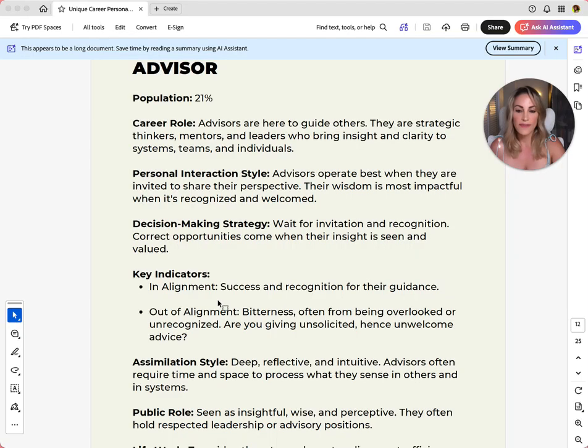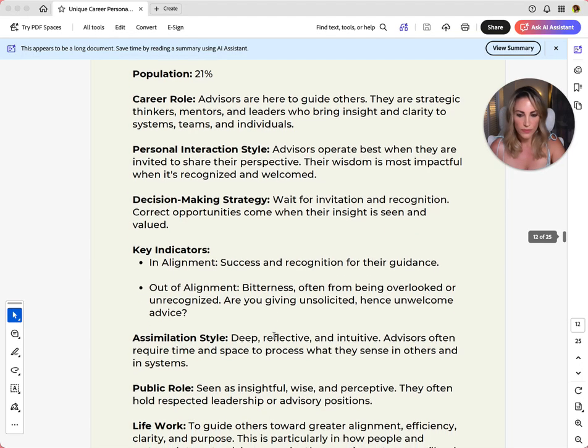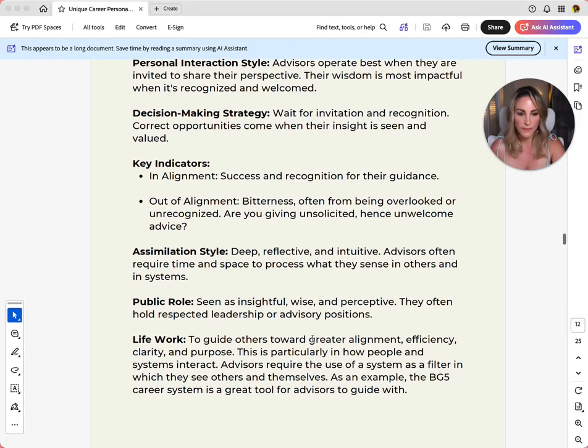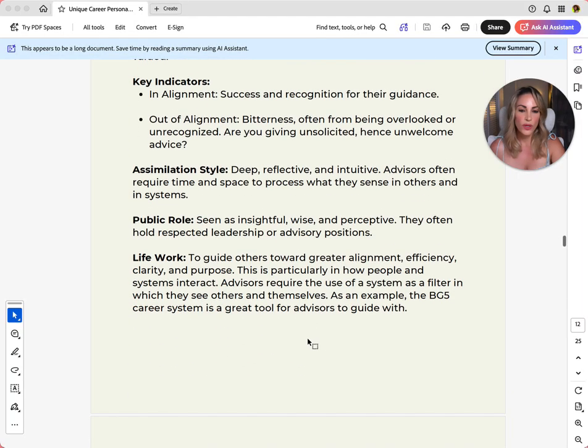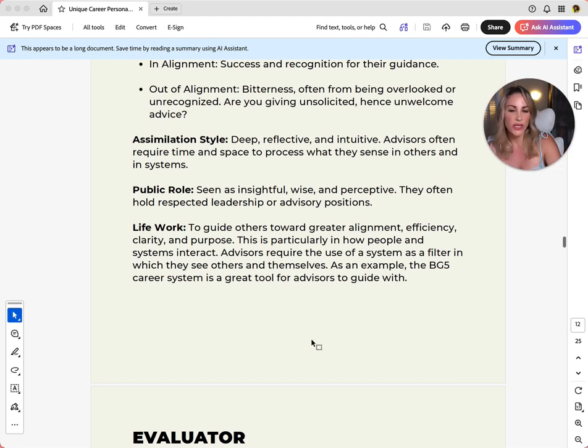And advisors want to be feeling success and recognition for our guidance. And when we're out of alignment, we just feel bitter, just a bad taste in our mouth when we feel overlooked or unrecognized. So advisors are very unique in the sense that we don't have this battery like the builders do.